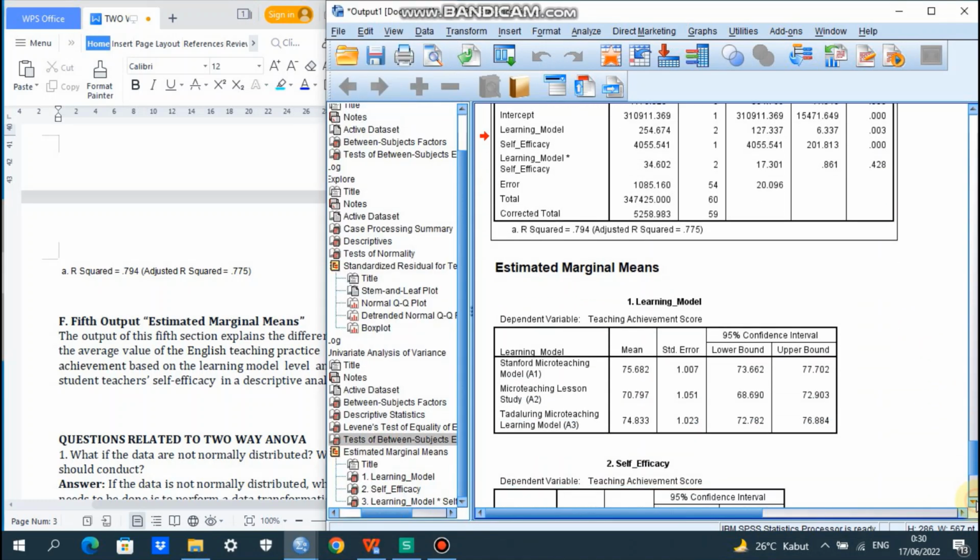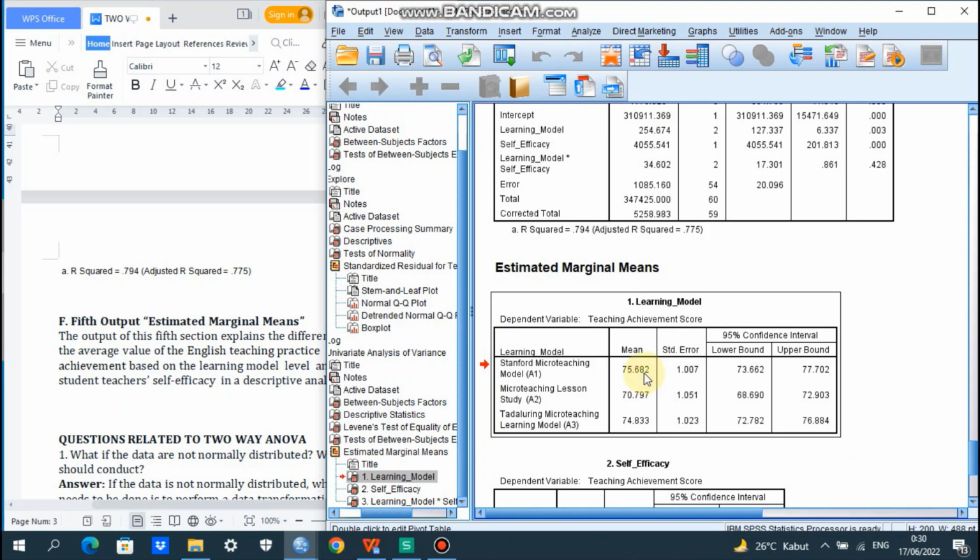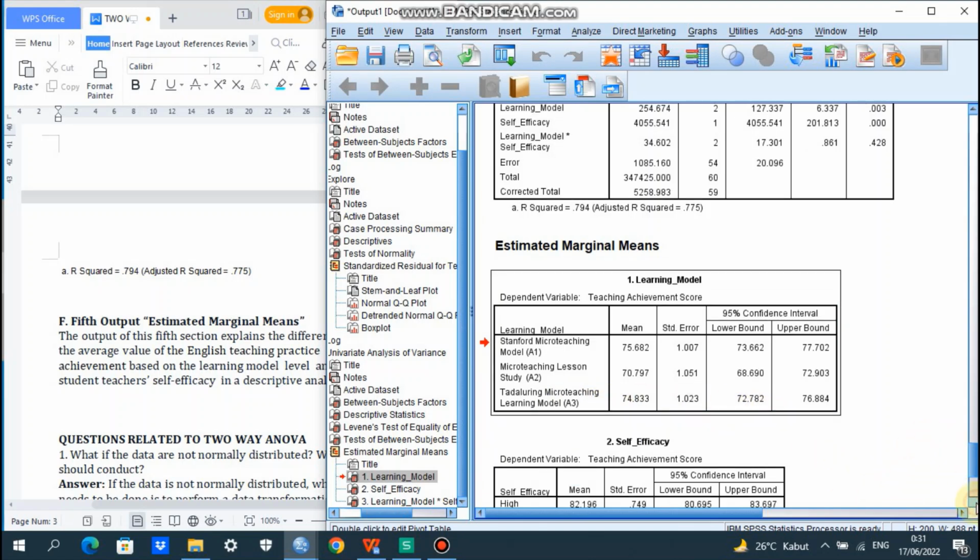Here, ya, Stanford micro teaching model, the mean 75.682, ya, lower bound, upper bound, ya. Micro teaching lesson study, the mean 70.797. Tadaluring micro teaching learning model, the mean 74.833 here.